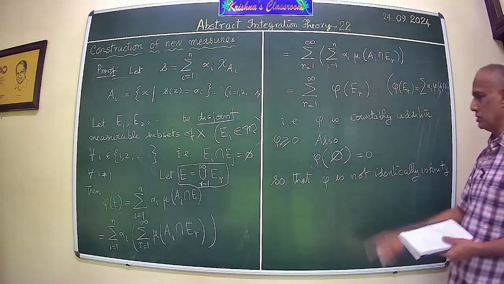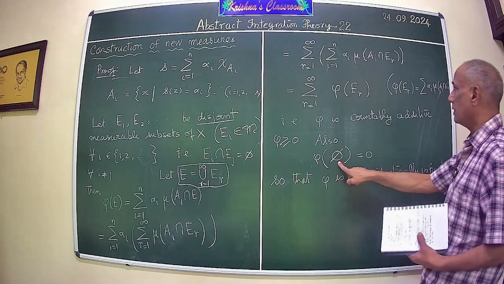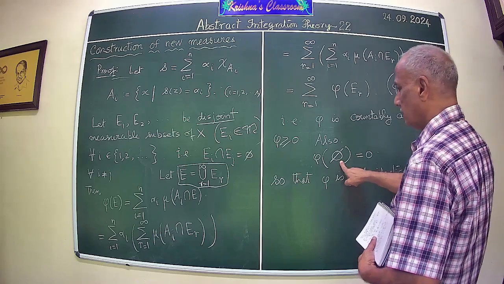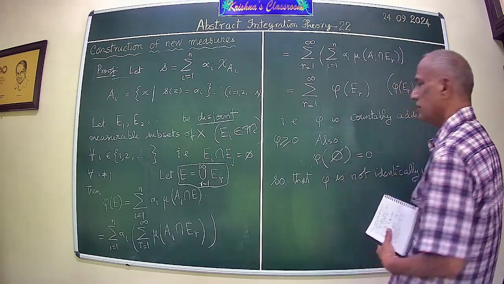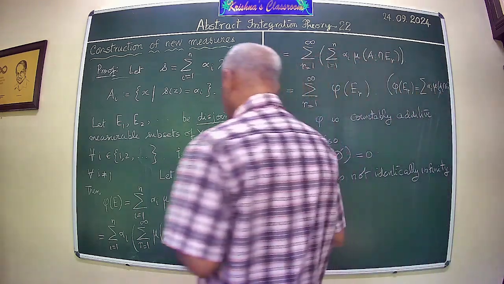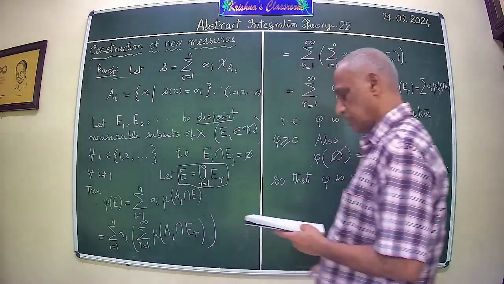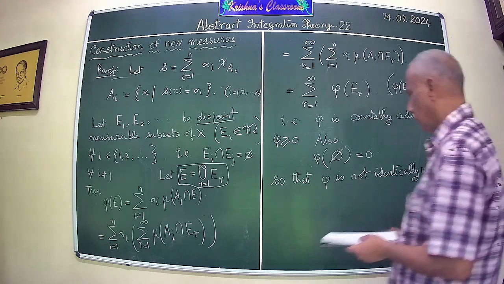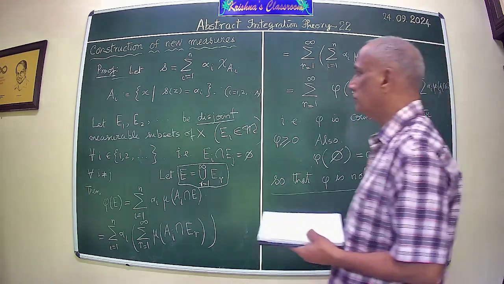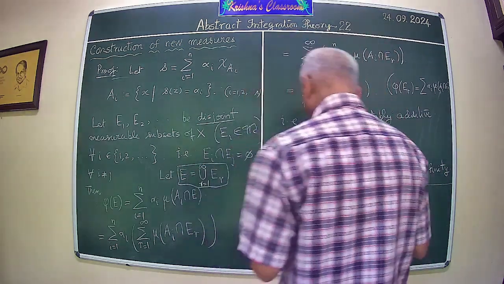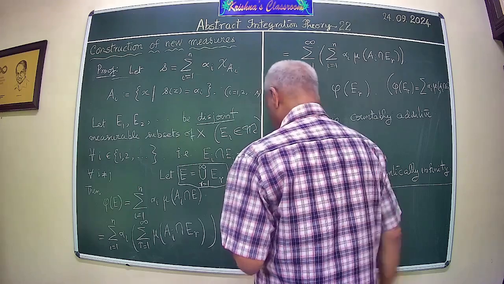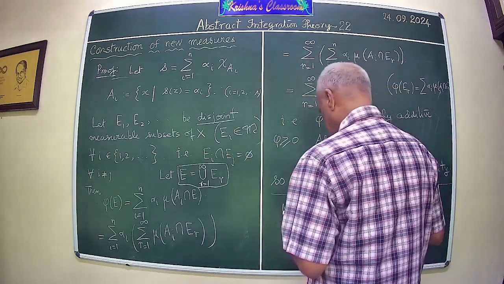This is quite easy to see because in place of E, you replace by the empty set. You get this result, because you know that mu of an empty set is 0. Okay, so that completes the first part, that phi is a measure. Next we prove the other results.